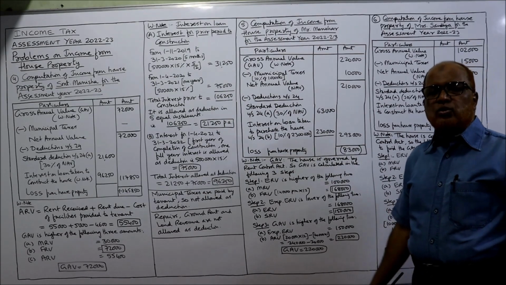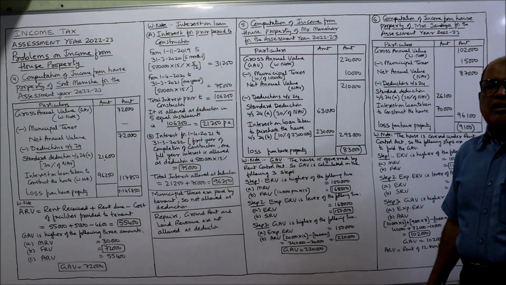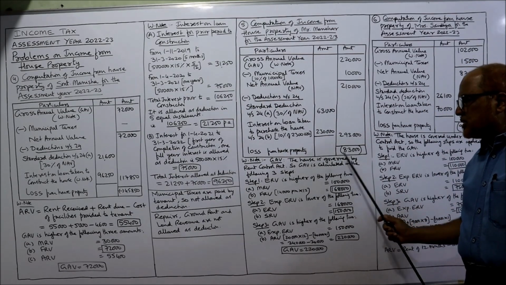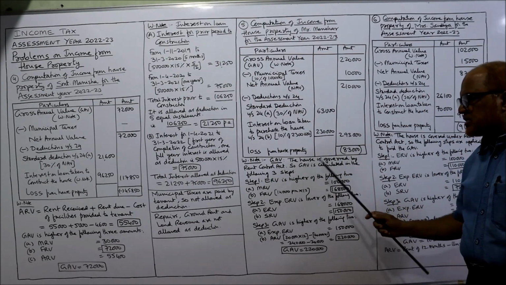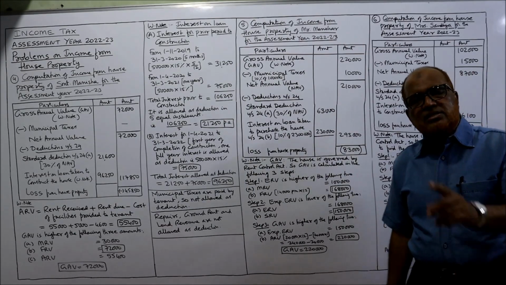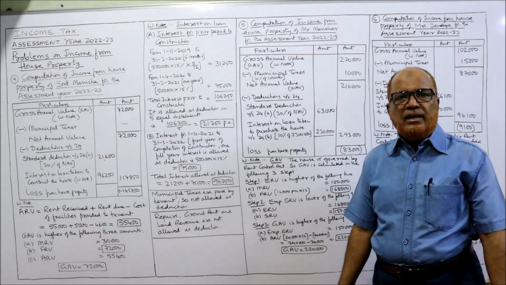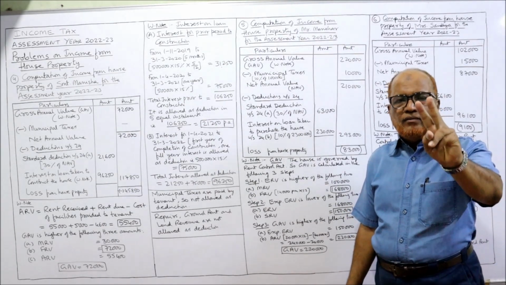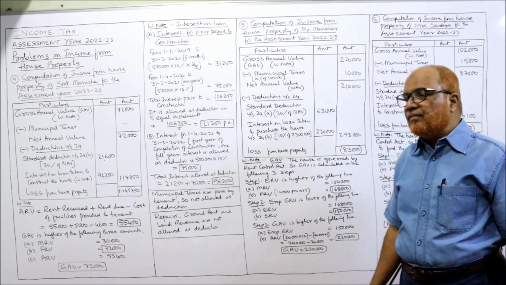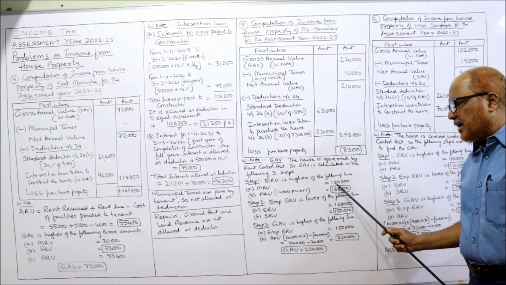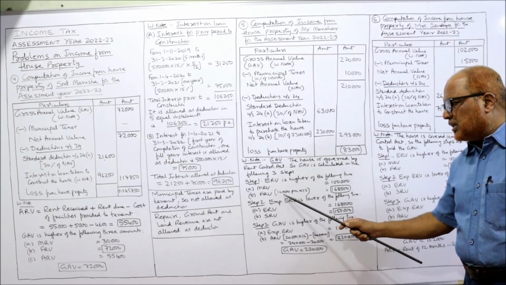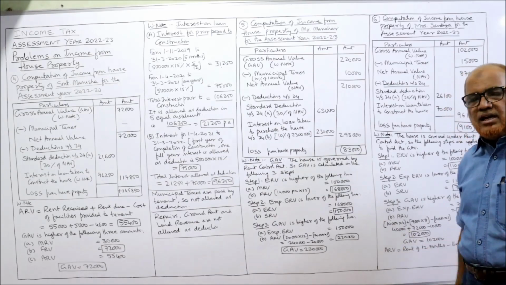Now first we need to calculate GAV, gross annual value. The house is governed by the Rent Control Act, so GAV is calculated in the following 3 steps. First step, ERV, expected rental value, which is the higher of the following 2, MRV and FRV. MRV is 1 lakh, FRV is 14,000 per month into 12, 1,68,000.